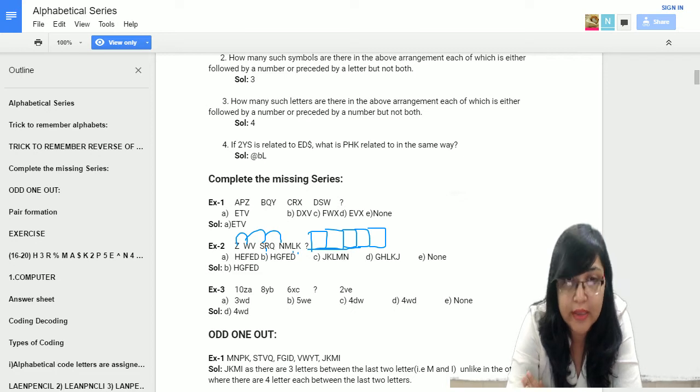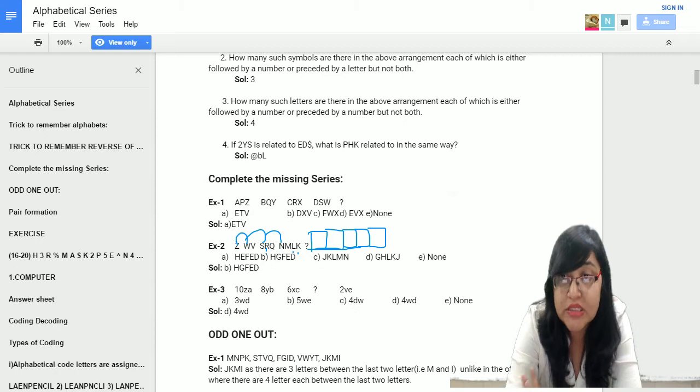Where the reverse is asked or there is a very vast difference between the alphabets, you have to go with the place values of the alphabets to save time.